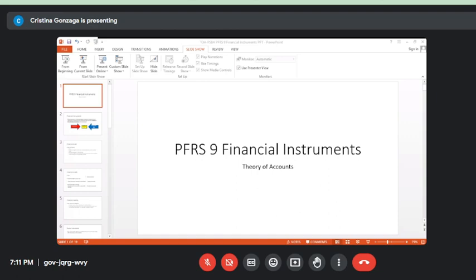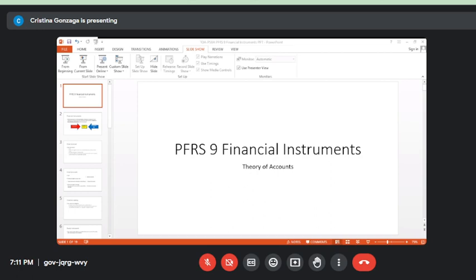Tandaan niyo yon. Ang default ng equity instrument ay fair value through profit or loss. However, as I said, the company or the investor, or shall we call the shareholder, has an option to classify it as fair value through OCI.